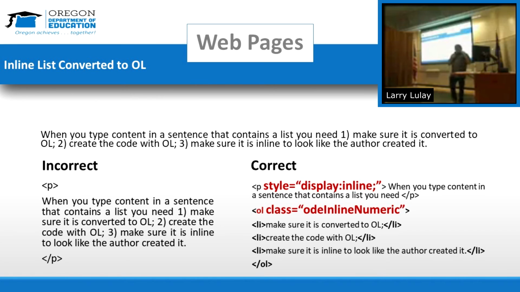It's a violation, because the moment you create a list with numerics, it has to be broken out as an unordered or an ordered list so that it reads to the screen reader and they have that option. In the corrected version on the right side, it starts off in a paragraph, then you see the OL and LI list, and we created classes for it that handle inline numeric. It reads exactly like the top, so it reads like the author intended, and it also handles the screen reader. So it's a gotcha. You have to be aware that that's out there.